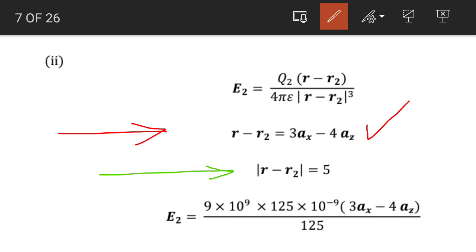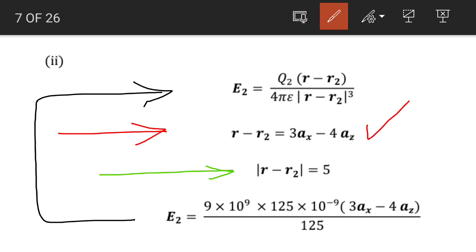Then we put the values in this equation. 1/4 pi epsilon naught is 9 into 10 raised to power 9. Q2 is 125 into 10 raised to power minus 9.